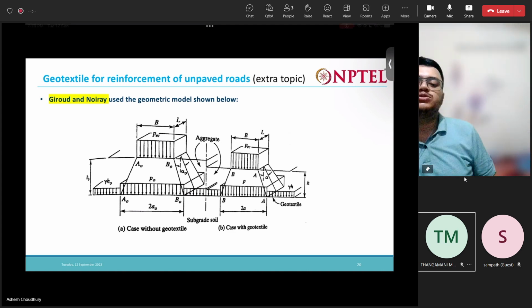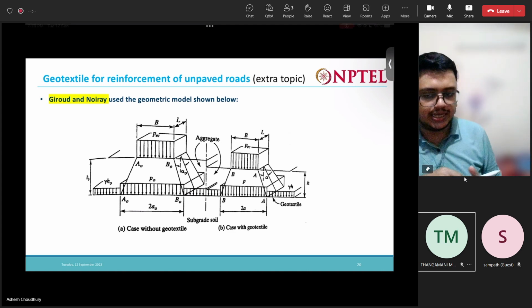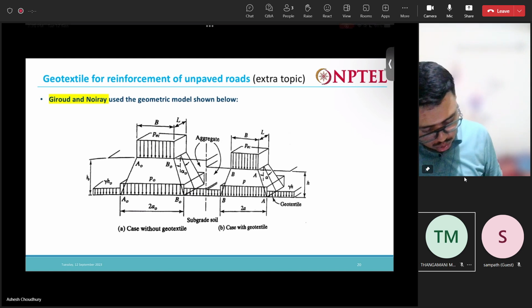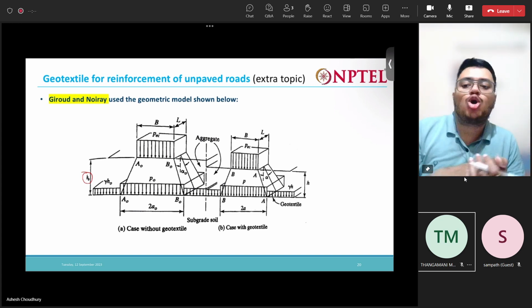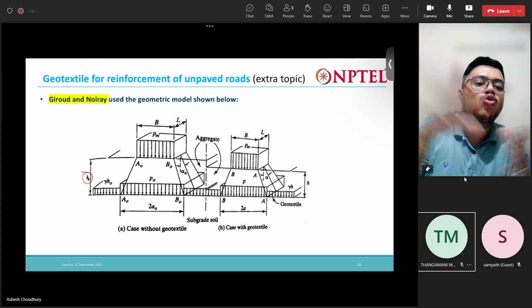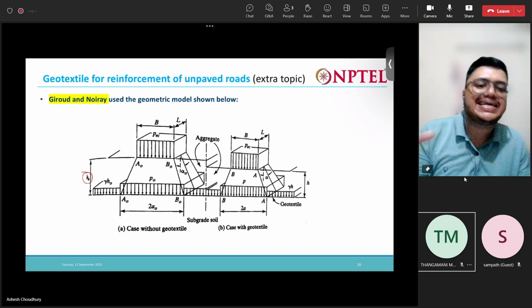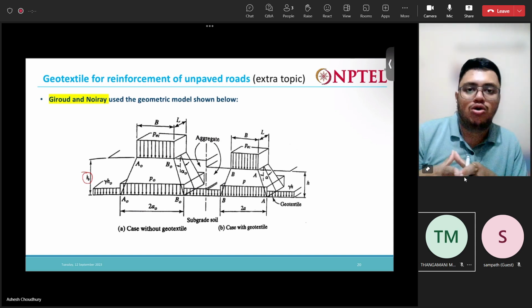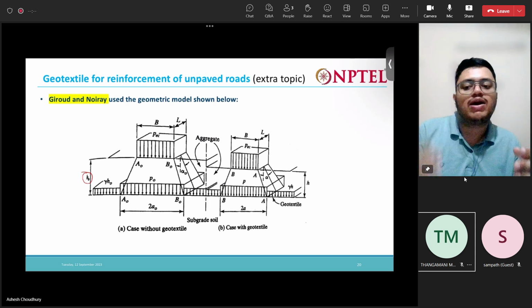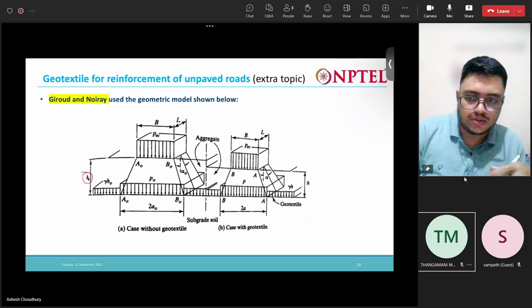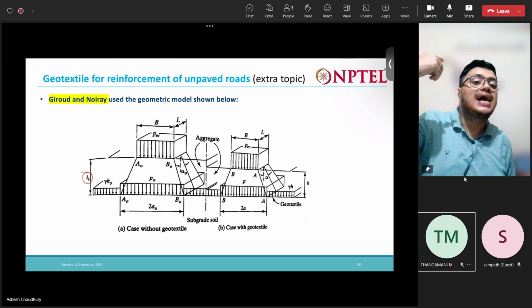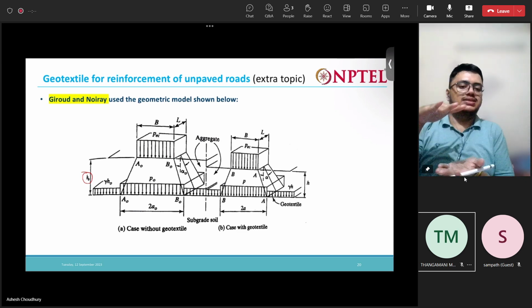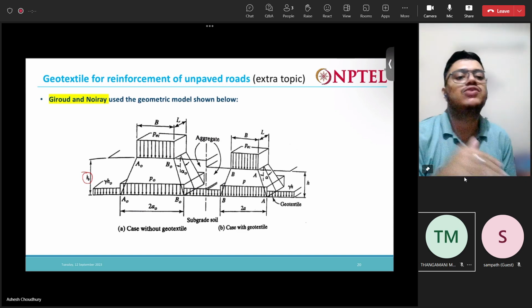On the left side, if we do not use geotextile, we need a depth of stone filling, sand filling, aggregate filling, granular soil filling, of depth h naught. But if you are using geotextile, this height of filling is reduced.